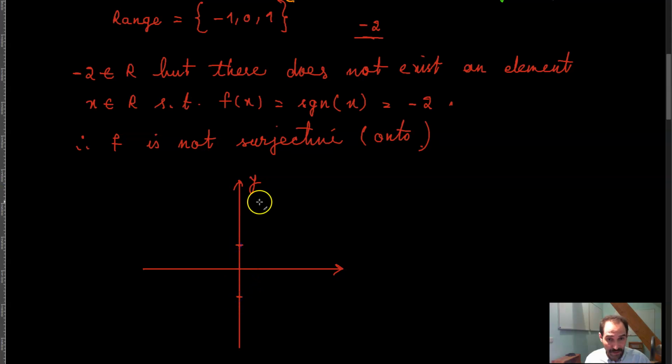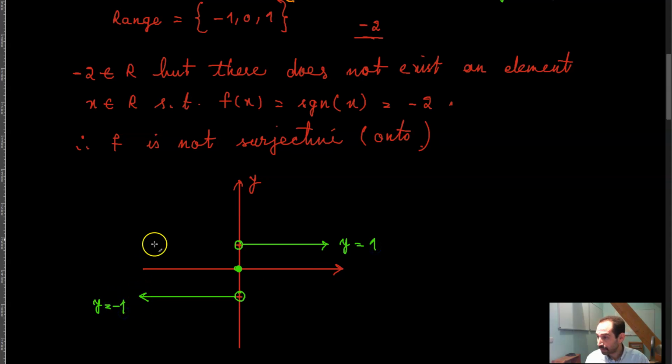For 0 you have the output at 0, and then this is your output for all the positive x's, and this is your output for all the negative x's. So this is y is equal to 1, and this is y is equal to -1, and this is the graph of the signum function.